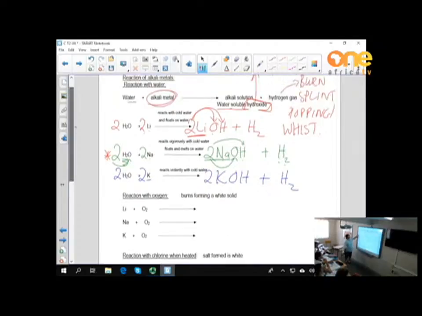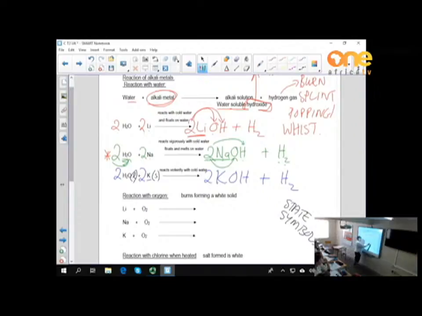When we do balancing, we refer to something known as state symbols. What are state symbols? It means you must indicate whether the substance is a solid, a liquid, a gas, or water soluble. How would this look? That one is going to be a liquid. Potassium is a solid.